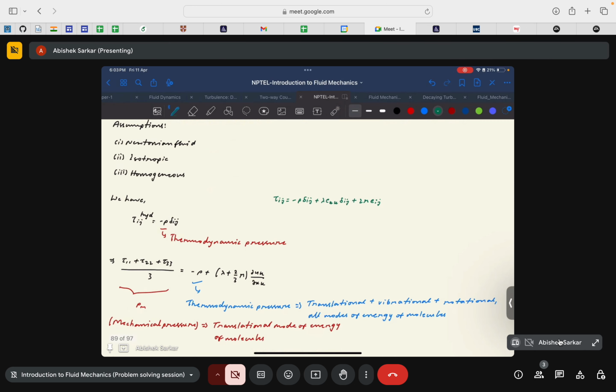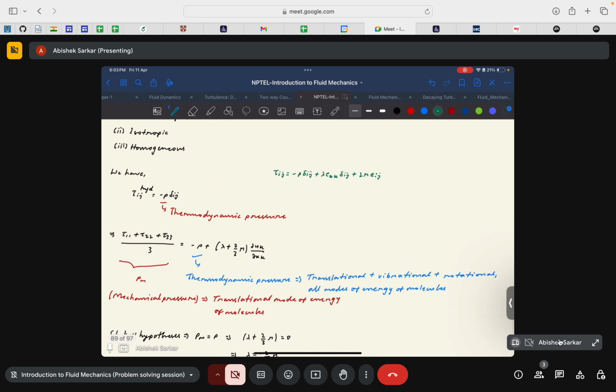Here, if you take the normal components, replacing j by i in all these terms, summing it up and dividing by 3, you will get tau 11 plus tau 22 plus tau 33 divided by 3, which equals minus p plus lambda plus 2 by 3 mu times dou u_k by dou x_k.